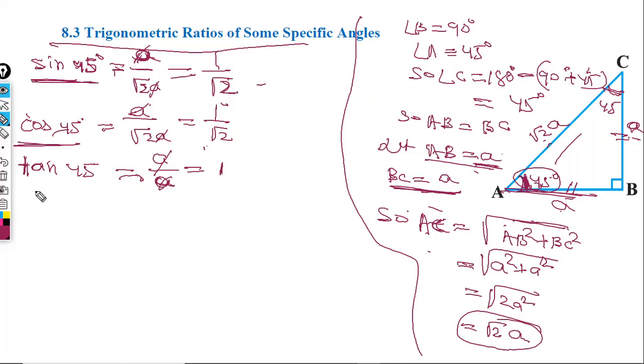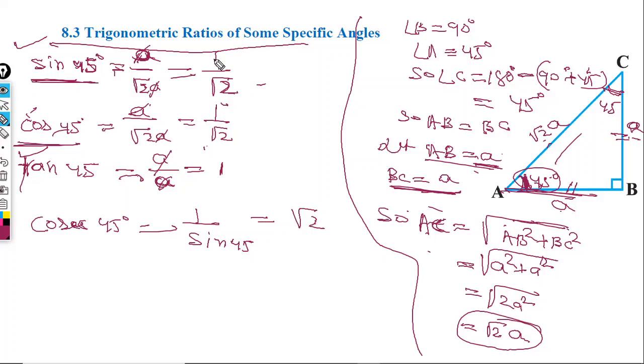Now after knowing sin 45, cos 45 and tan 45, we can find the other values. So we can find cosec 45 degree, which is equal to 1 by sin 45. You know that cosec theta equal to 1 by sin theta, so 1 by 1 by root 2 will be equal to root 2.